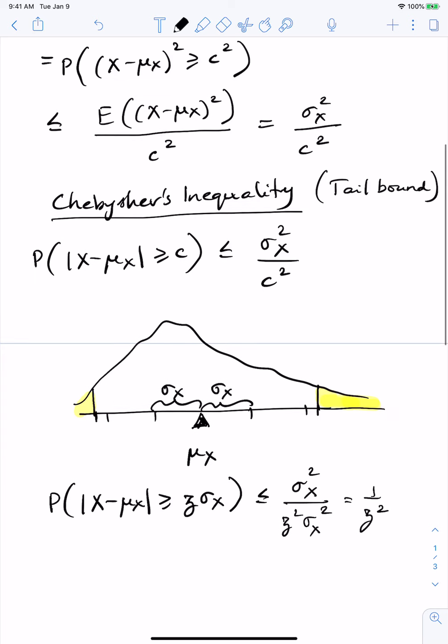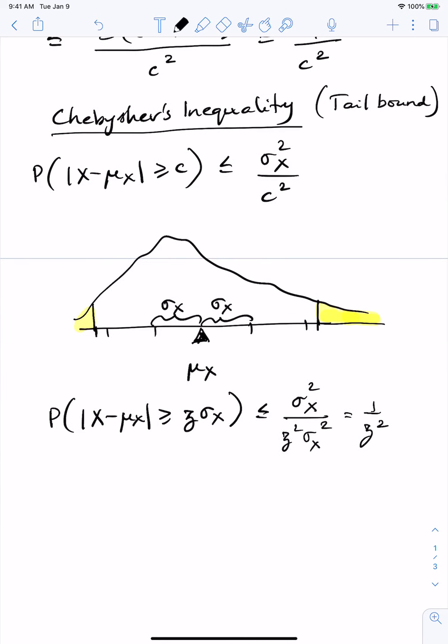It tells you that no matter what the shape of the distribution, the chance that your random variable is at least as large as, how about 5 standard deviations from the mean, is at most 1 in 25.